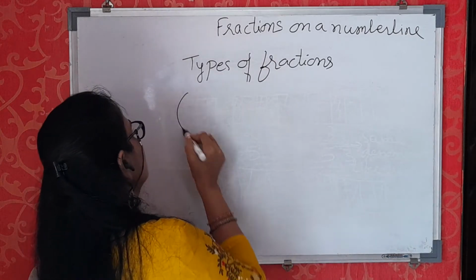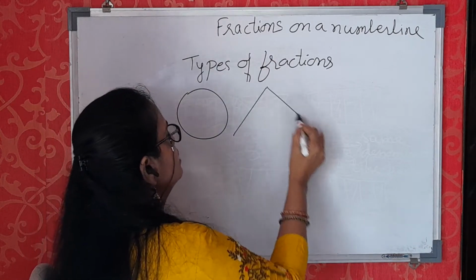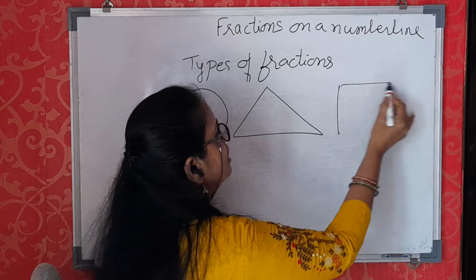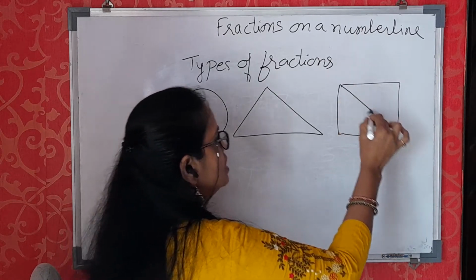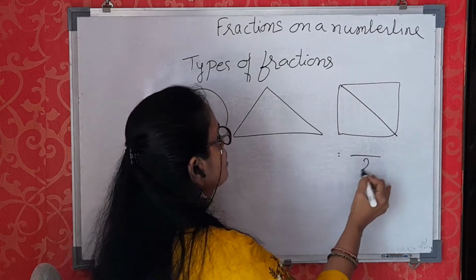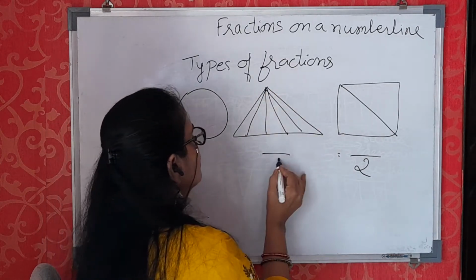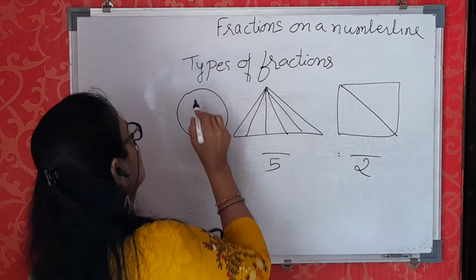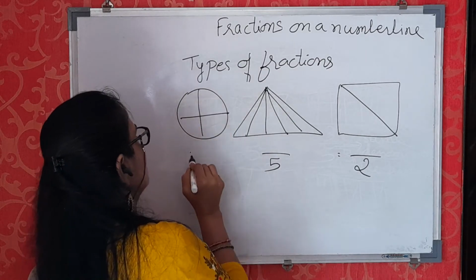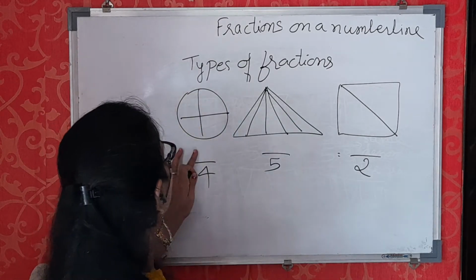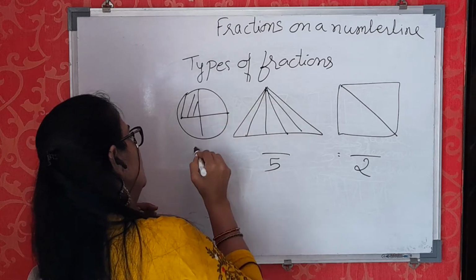Now here I am making a circle, here a triangle, here like a sandwich. Here I am making 2 parts. Here suppose I am making 5 parts. And here I am making 4 parts. So out of 4, I am shading 1.